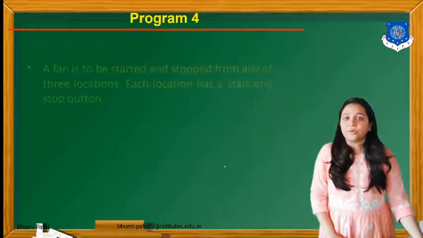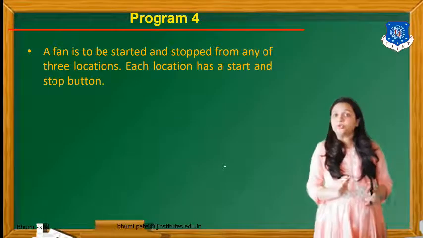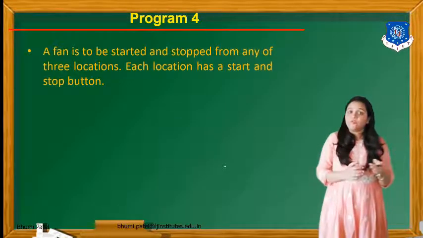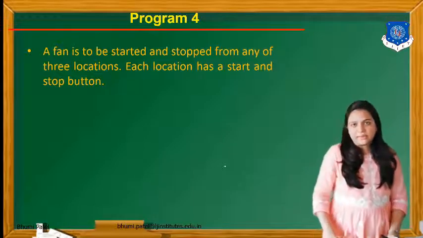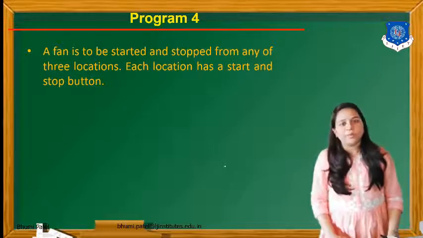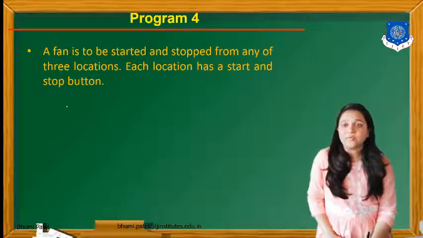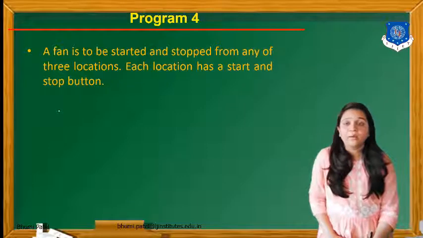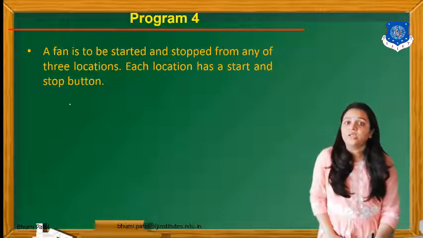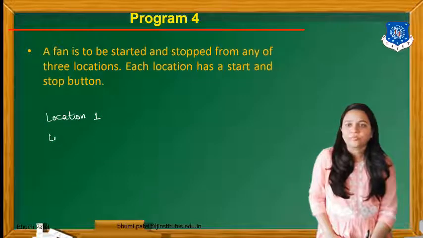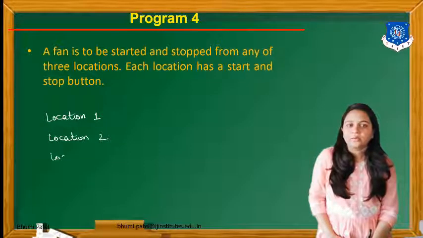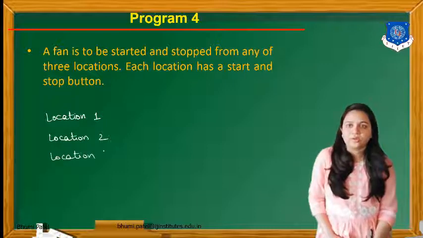Okay, now the last program: a fan is to be started and stopped from any of the 3 locations. Each location has a start and a stop button. Okay, so it is very easy. First of all, we have to decide the start and stop buttons. So we write location number 1, location number 2 and location 3.